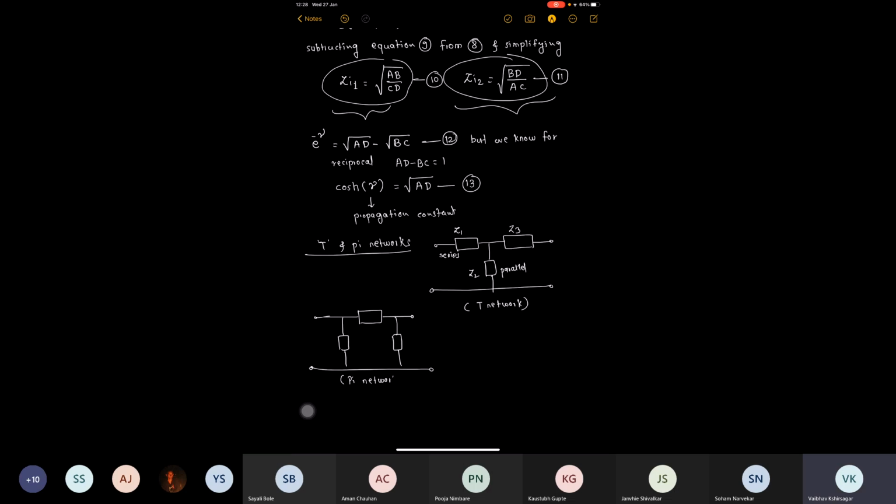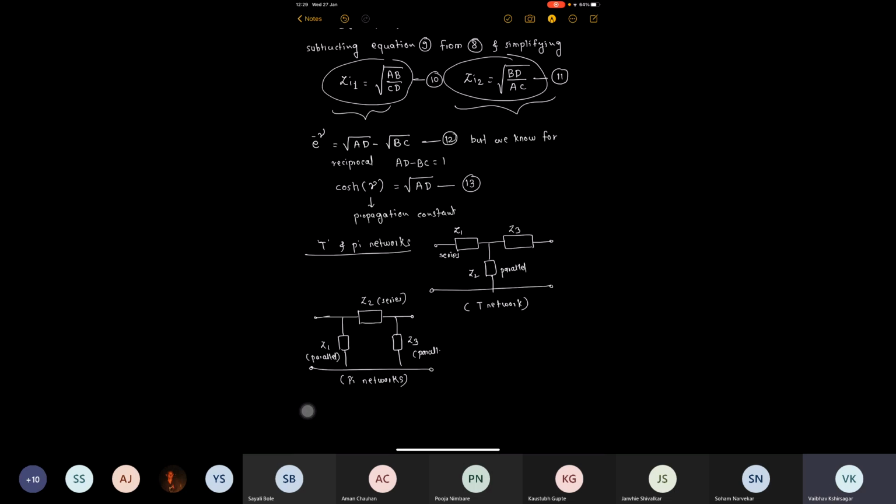So these are the basic building blocks of filter design using the image parameter technique, in which we will take into account the impedances Z1, Z2, and Z3. And the first element in the case of the pi network is a parallel element, the second element is a series, and the third element is again parallel.